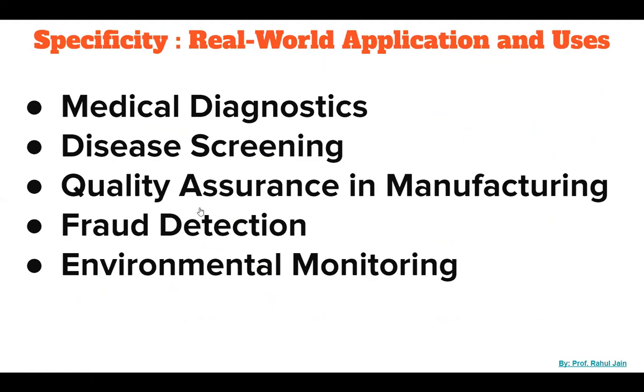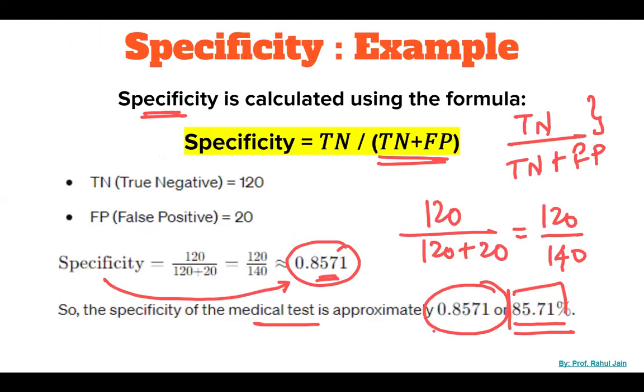So what does it interpret? It means the model is 85.71% specific in terms of true negatives. Meaning if a person is healthy, then this model is going to predict 85 times out of 100 that the person is healthy, right?